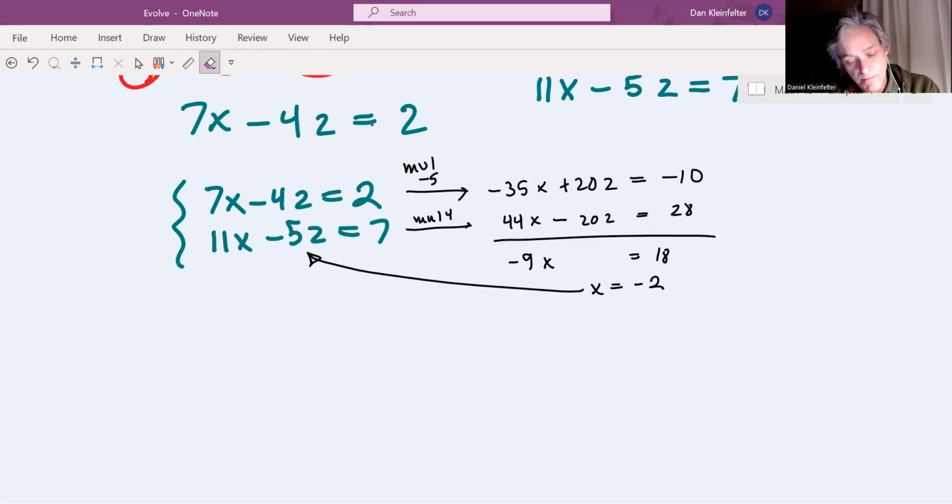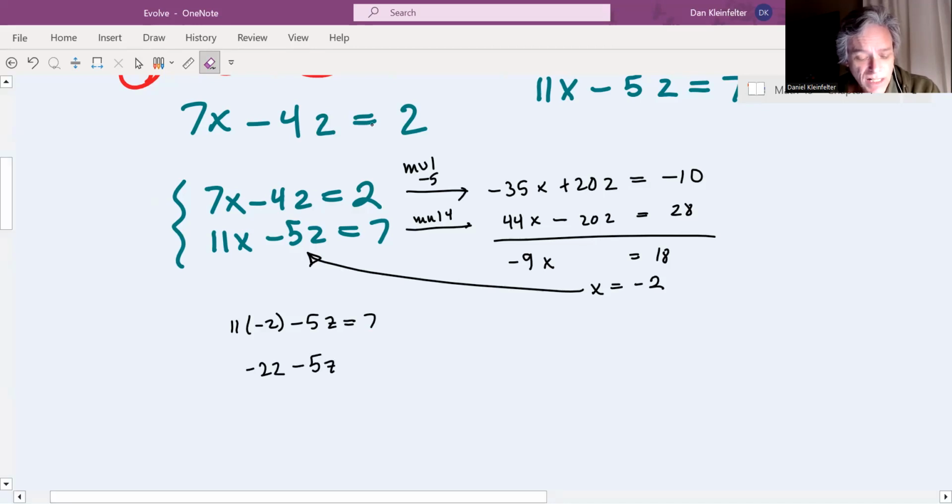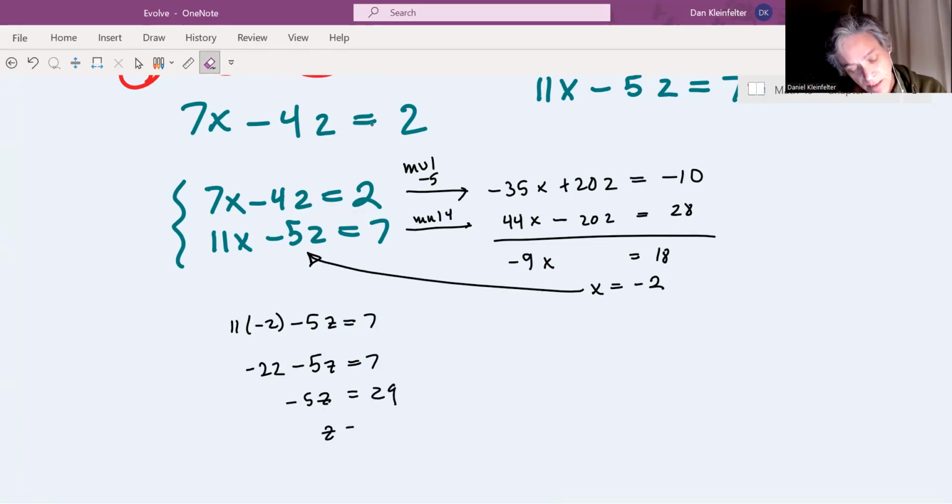So 11x, that's 11 times negative 2, minus 5z is 7. So negative 22 minus 5z is 7. Negative 5z, we're going to add 22 to both sides. That'll be 29. So z looks like negative 29 fifths.